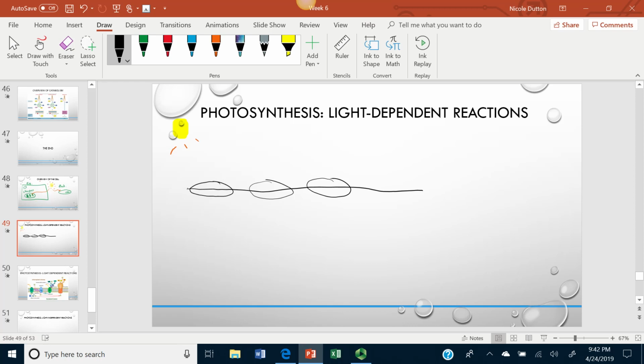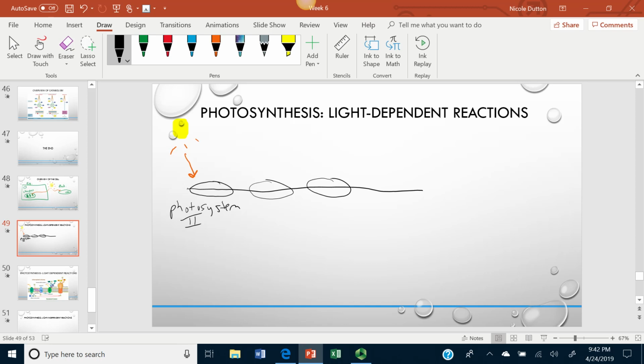The first region that sunlight is going to hit is called Photosystem 2. These photosystems were labeled and named in the order that they were discovered, not in the order that they actually go through the cycle. So photosystem 2 comes first.